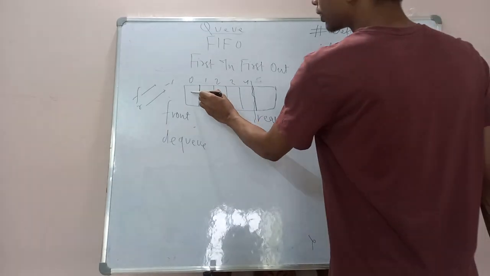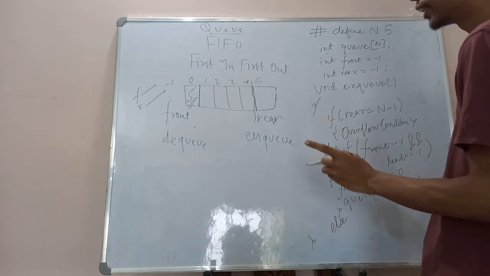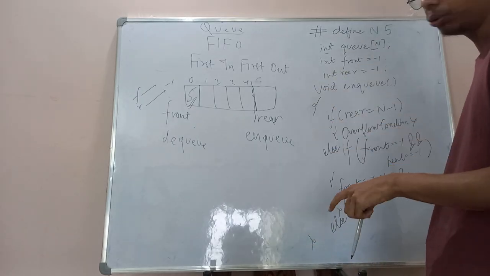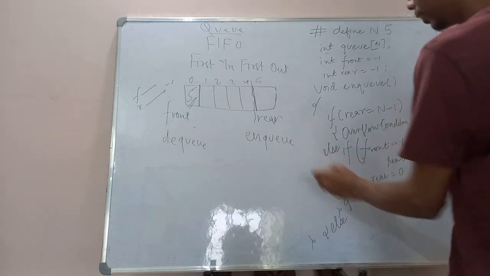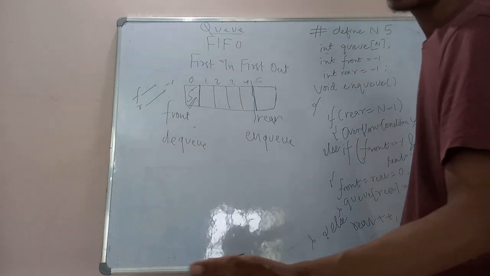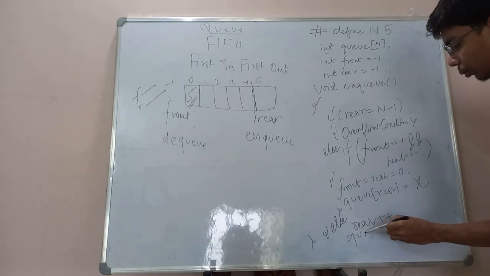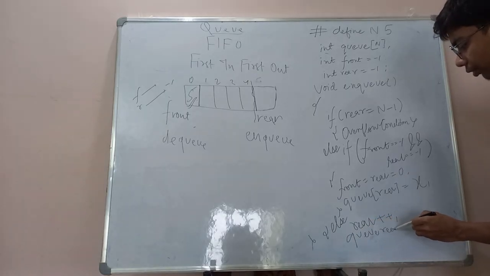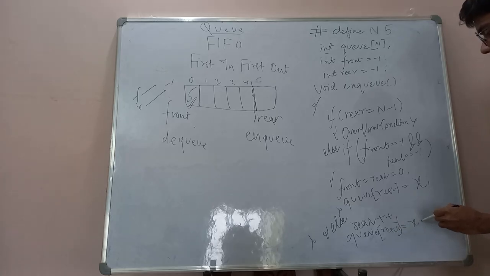Now suppose my first element is filled at the first index, my first element is given in the queue. Then in the else block I will increase my rear, so I will write rear++, and then I will write queue[rear] = x.